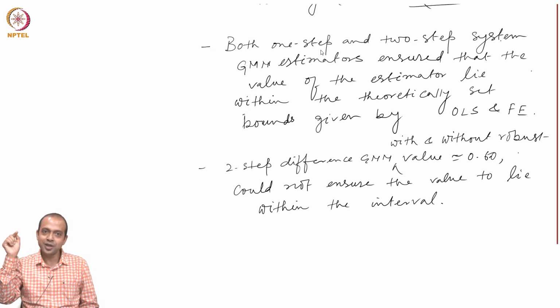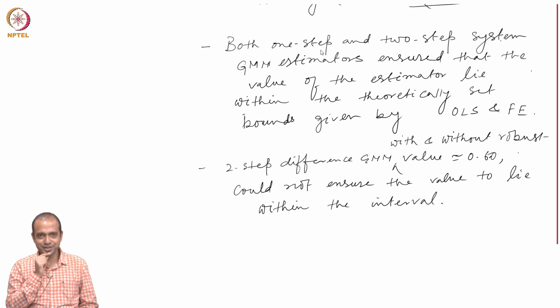But when we applied the two step in the context of difference, then with or without the Windmeijer correction, it could not ensure that. So the perception that two step GMM estimation is always good should not be carried over, because it is not the case for difference GMM.